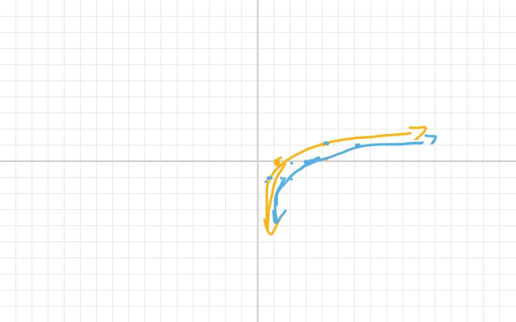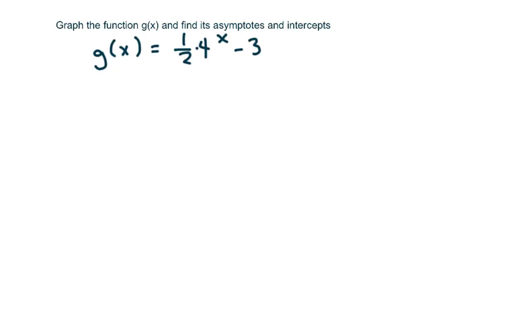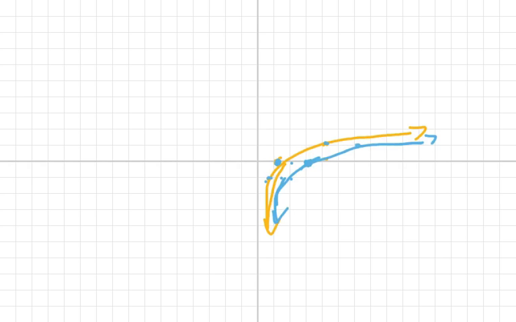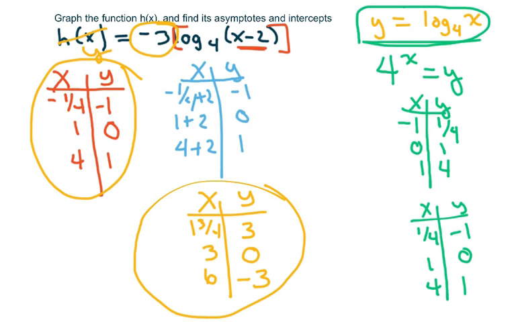So what happened is my x-intercept changed. Now, the next thing we're doing is multiplying my y by -3. So when I plot this, I'm going to keep my same x, but my y changes to 3, 0, -3.